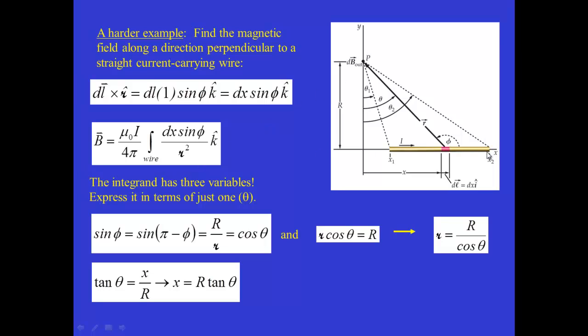In much the same way, if the right-hand end goes off to positive infinity, then this angle theta 2 becomes closer and closer to pi over 2. Because if this dotted line were horizontal, pointing out toward a very, very distant end of the wire, then that angle theta would be pi over 2. So the limits for an infinite wire would be from negative pi over 2 to pi over 2.